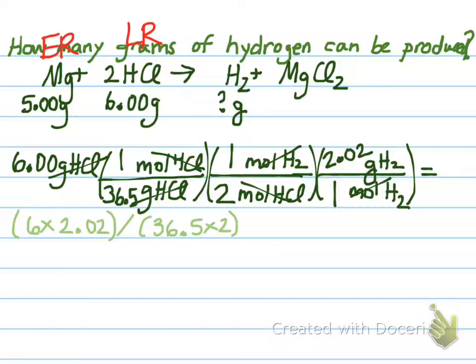And again, I want to use 3 significant figures. So my calculator gave me 0.166027397. So with 3 sig figs, 0.166 grams of hydrogen.